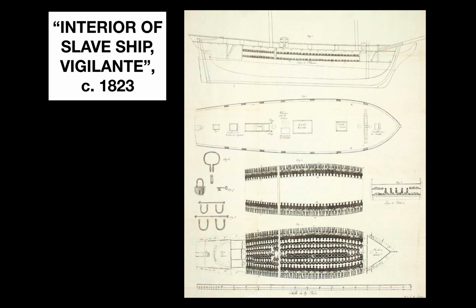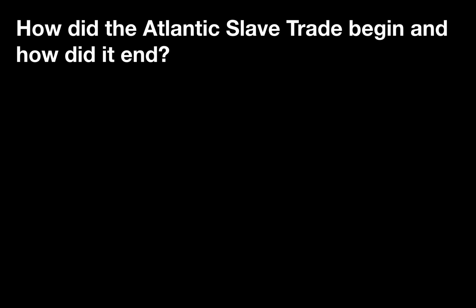There are famous examples of enslaved Africans taking over ships, right? Or there's a famous monument, I think it's in Massachusetts, a monument to those who chose the sea, right? There were some who'd rather die than be put in these ships and enslaved. So that's how it began.